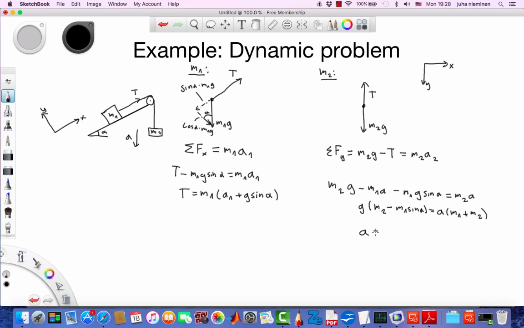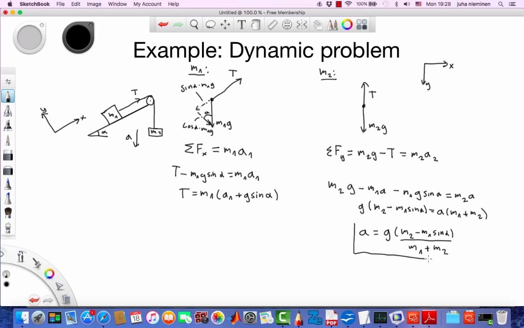From here we can solve for the acceleration to be g times m2 minus m1 sine alpha, divided by m1 plus m2.